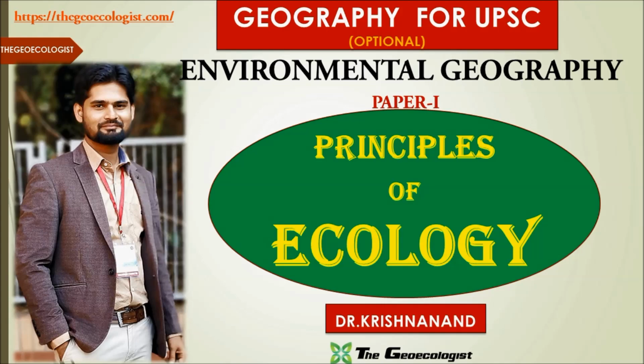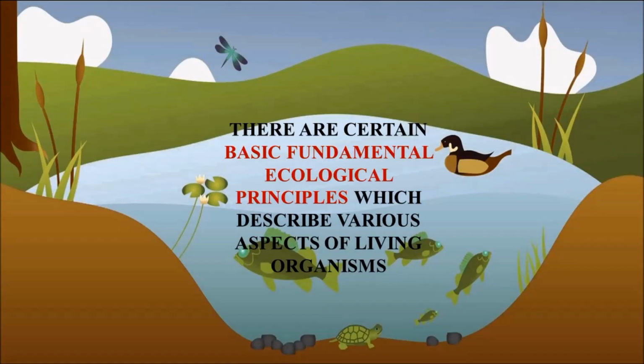So let's go ahead. The first thing we need to understand is that there are basic fundamental ecological principles, a base on which it is important to describe various aspects of living organisms. Whatever we discuss about living organisms and their interaction with the neighboring surroundings is all based on these fundamental ecological principles.